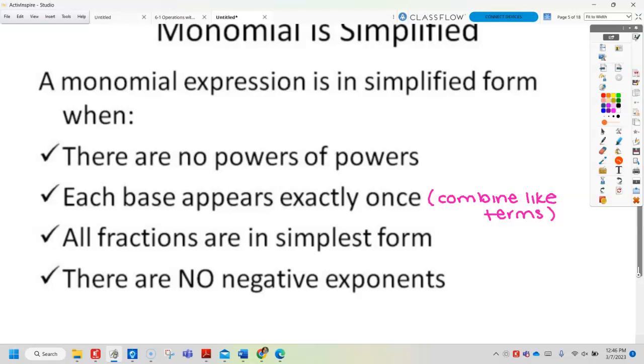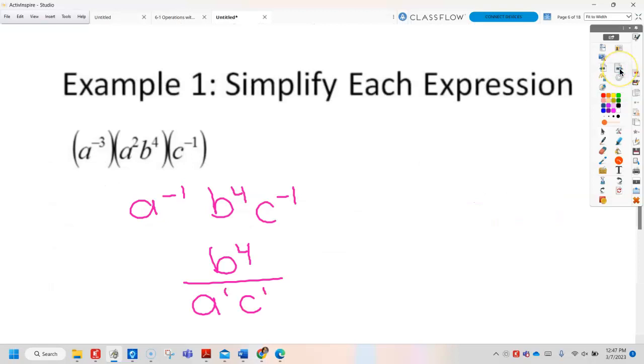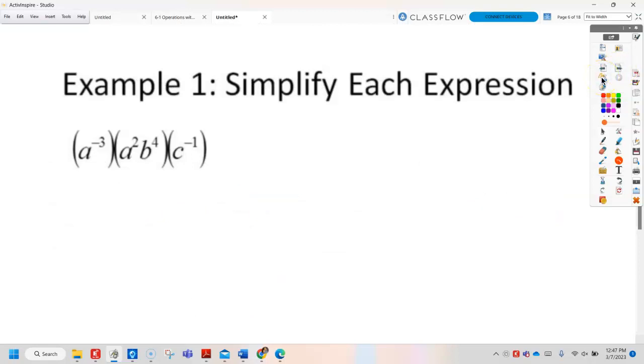Let's go. So you have a to the negative 3 times a squared b to the 4 times c to the negative 1. Anything that is a like base, you are going to follow your rule for.